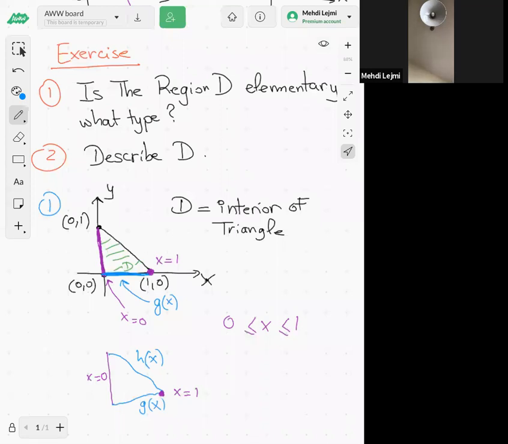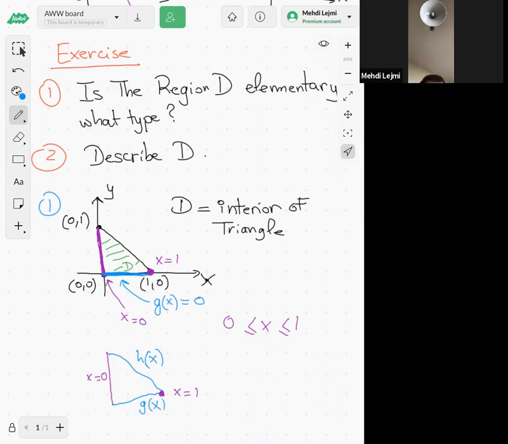Well, it's just y equal to 0, right? I mean, any point which lies on the x-axis, the y coordinate would be 0. So g of x is just equal to the function 0. Okay, because that's your x-axis, and that's the equation of the x-axis.